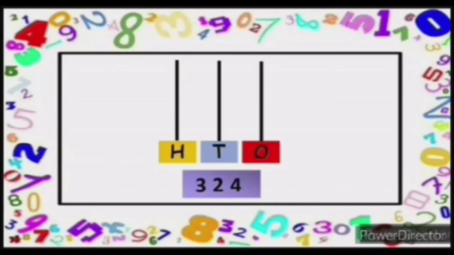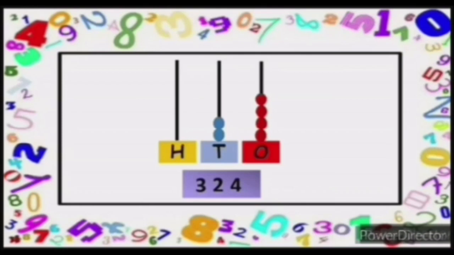Let's see one more example. Look at the number 324. How many ones are there? Yes, 4 ones. So draw 4 beads. 1, 2, 3, 4. Next, how many tens are there? Yes, 2 tens. So draw 2 beads. 1, 2.